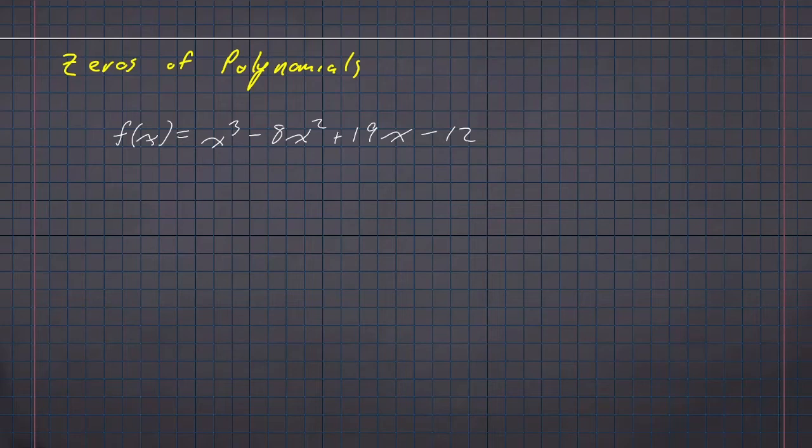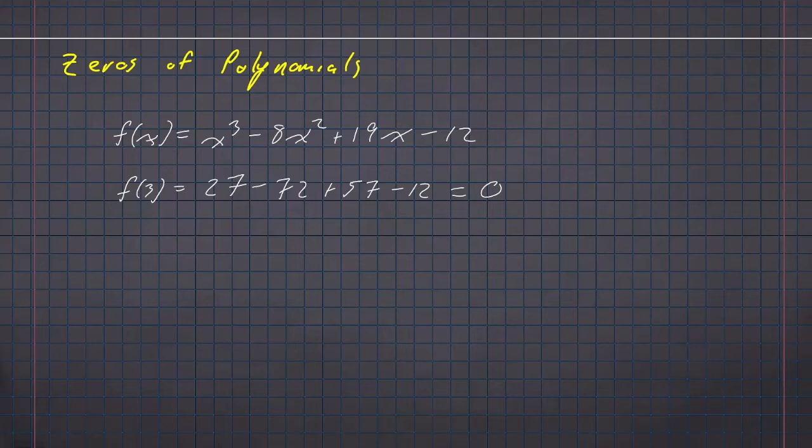There's no obvious starting point here, but if I happen to let you know, or you happen to find out somehow, that f of 3 is exactly 0, then we have something to work with.